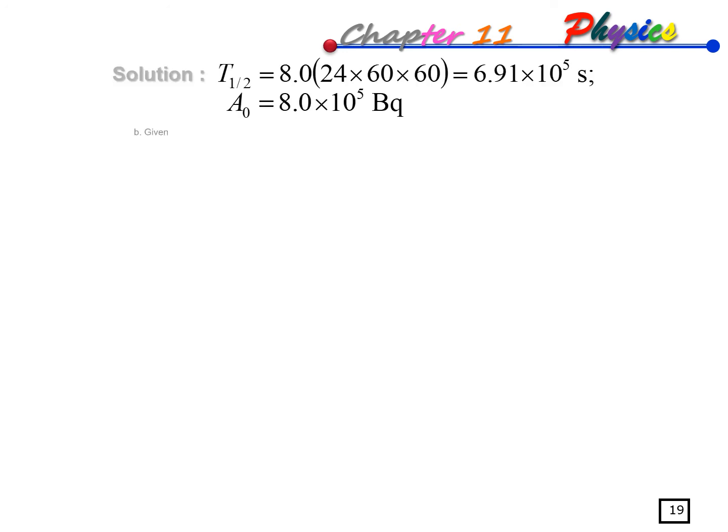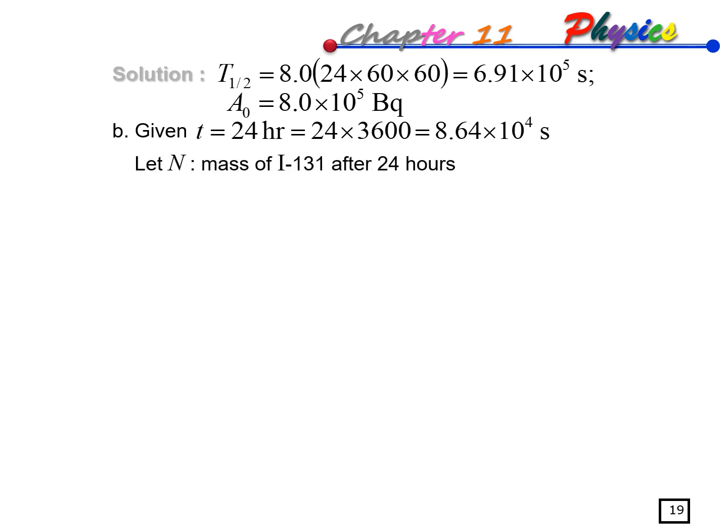Okay, so for B, bring back the initial equation given. Now we have a time period given, 24 hours, so convert into seconds.